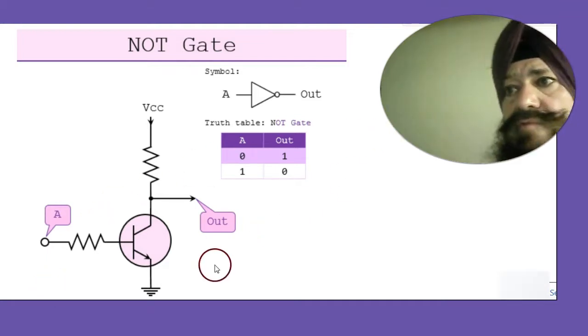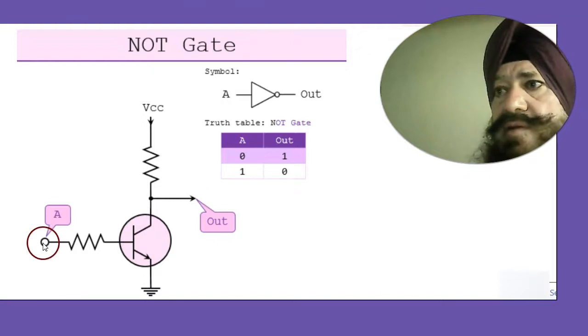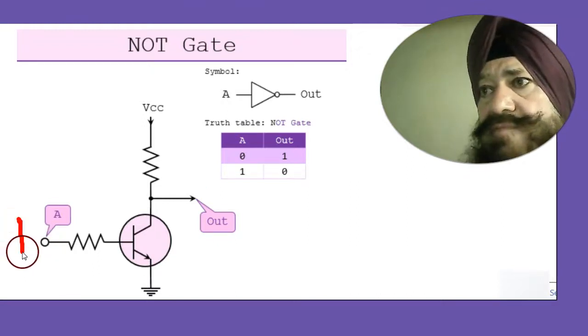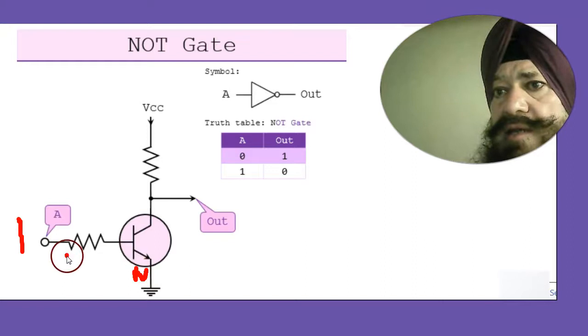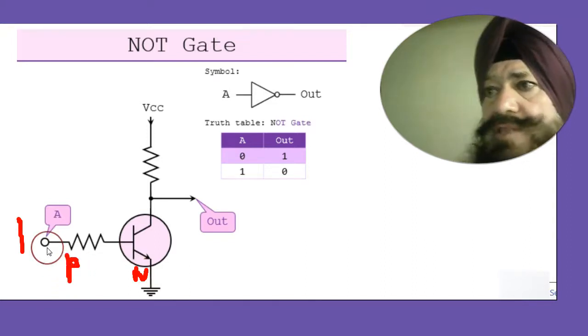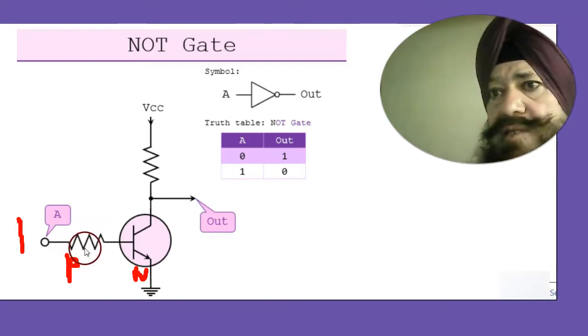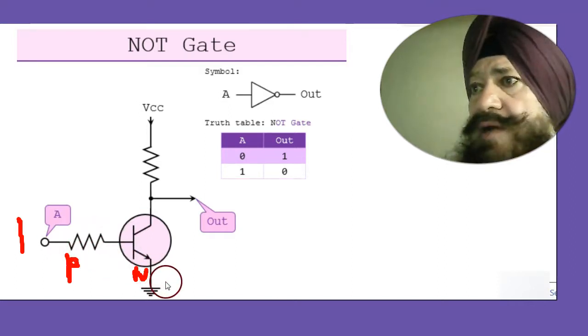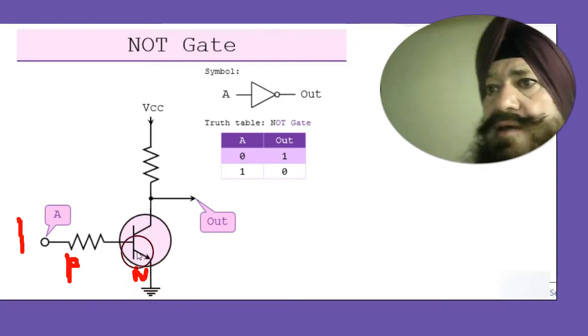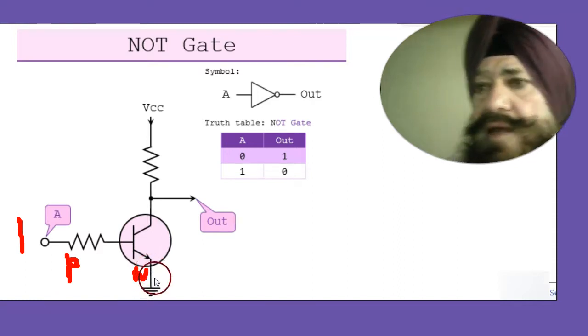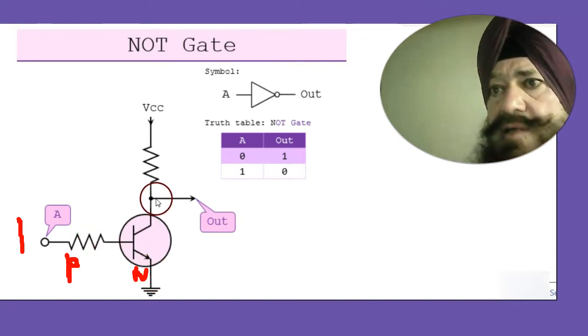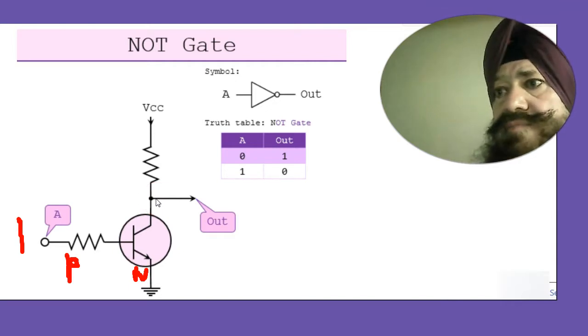Now, when we give 1 here, meaning when we give supply here, this is N, this is P. When we give positive potential here, the base-emitter junction becomes forward biased. Current starts flowing. There will be emitter current, base current, as well as collector current.